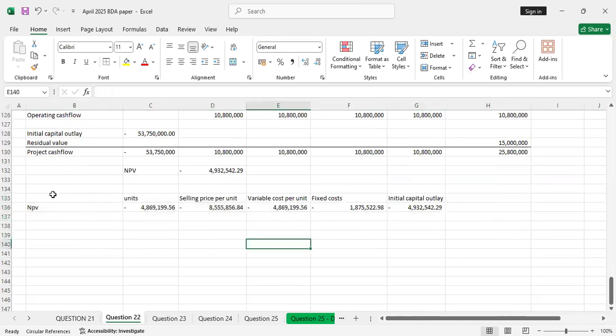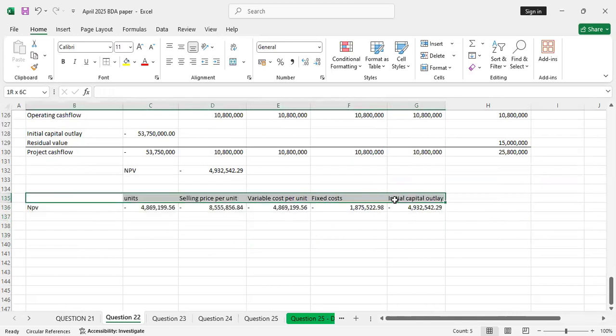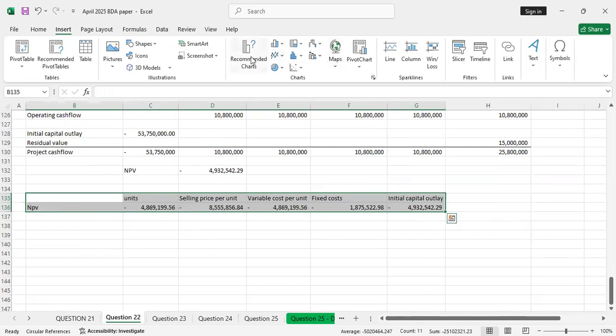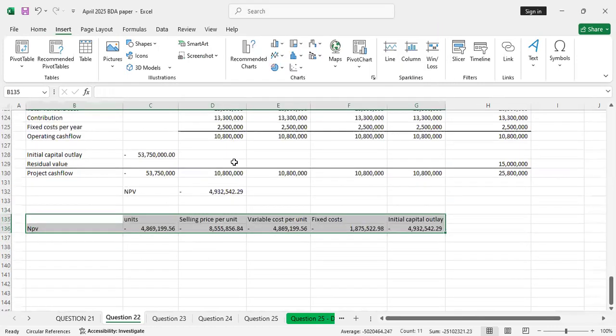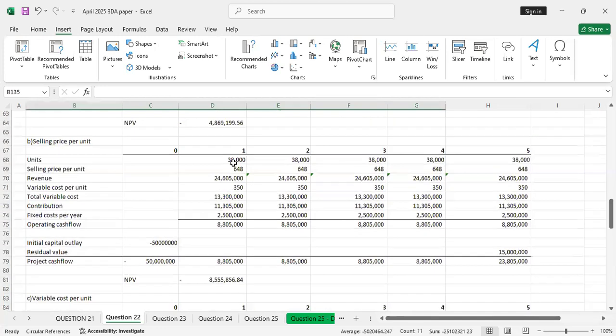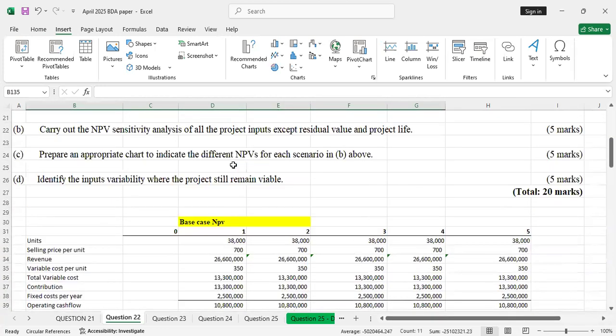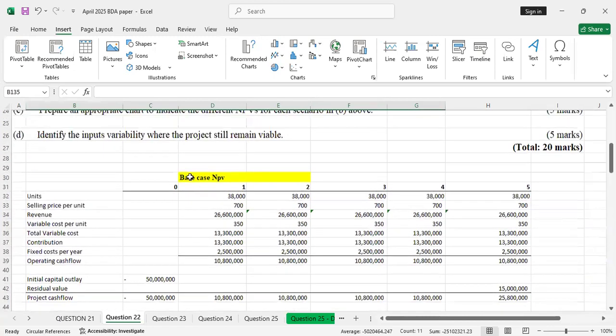You select these values, then you go to insert, then you go to recommended. They want a graph. Are they specific? What are they asking for? That we prepare an appropriate chart. So the chart can be even a pie chart.